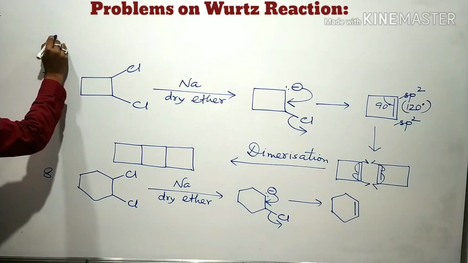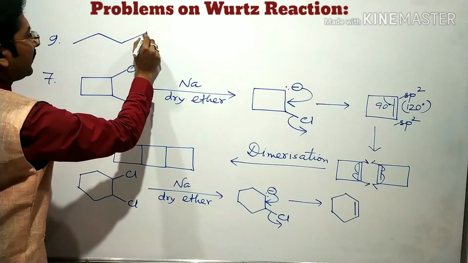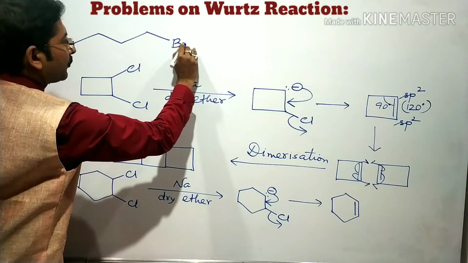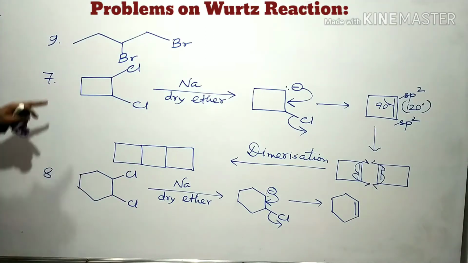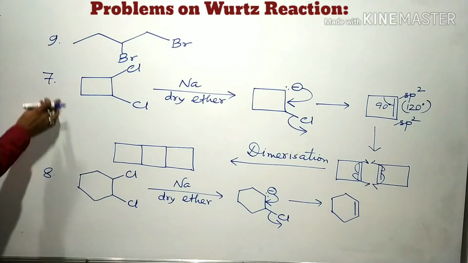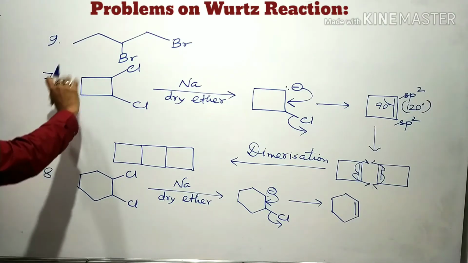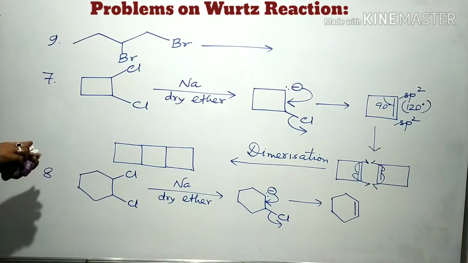Next, example number 9. If we have a molecule like this, one is bromine, this one is bromine. So all of these are actually vicinal dihalides. Number 7, number 8, number 9, the substrates are common.